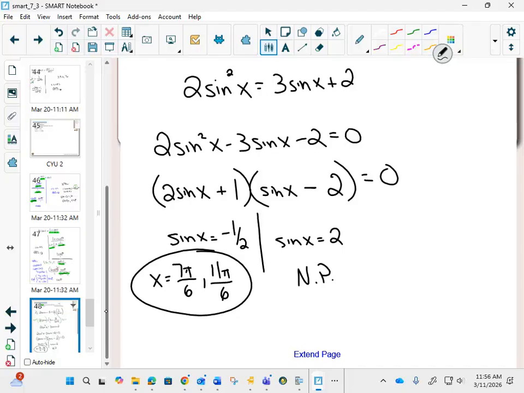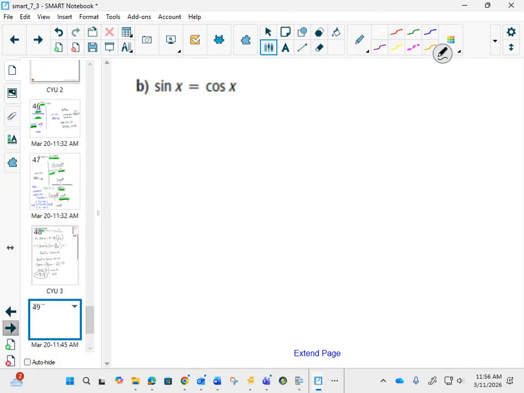Okay? Part B. Did I make that already separate? I did. Thanks. Part B, sine x equals cos x. You have two methods that you could do this. One, you could just say, I know from my circle there's only two places on my circle where the x coordinate and the y coordinate are the same.